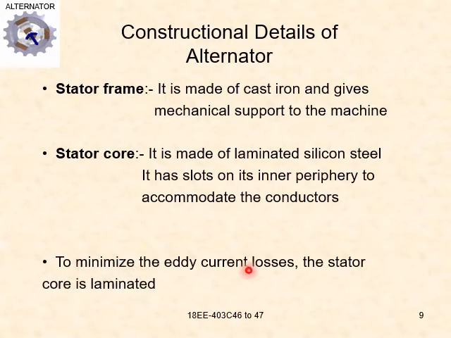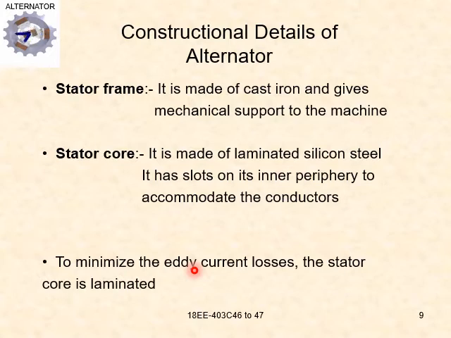And to minimize the eddy current losses, the stator core is laminated. As we all know, we have studied in the DC machines also that there won't be a solid material used for the stator core. Since if so, then you will be getting eddy current losses and hysteresis losses.